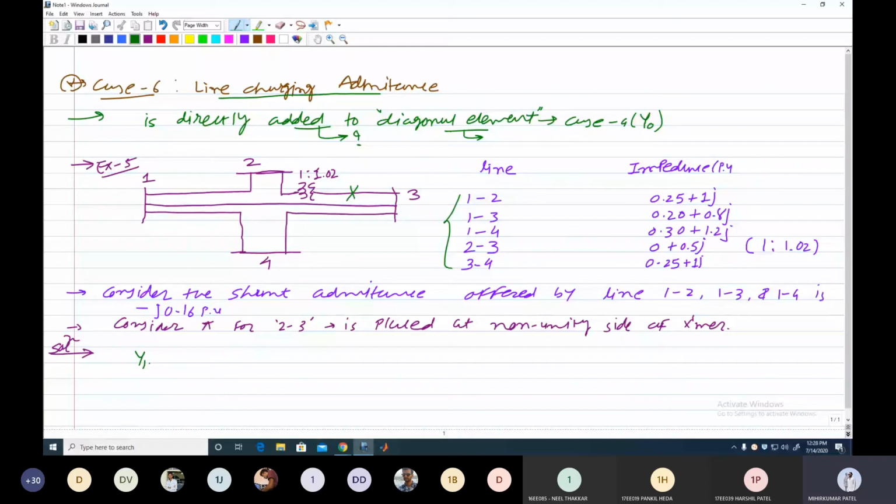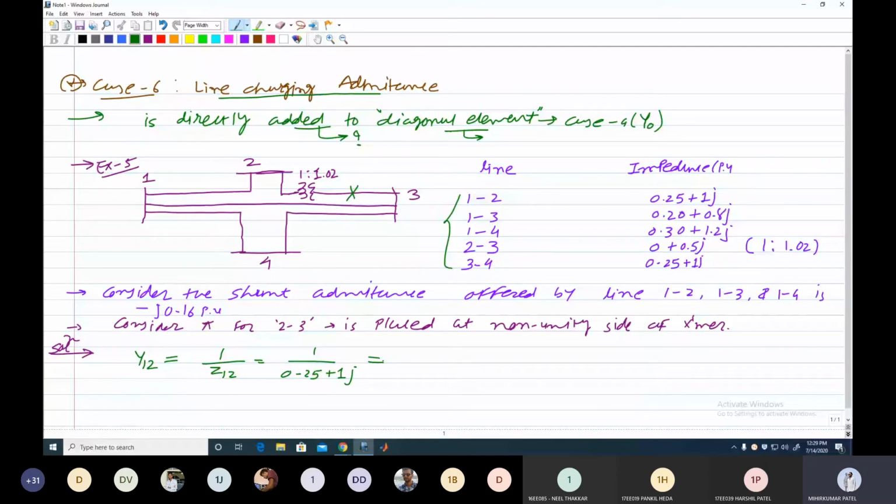So what is the value of Y12? It is 1 divided by Z12. The value of Z12 is 0.25 plus 1J. What is the answer for this? The final value of Y12.